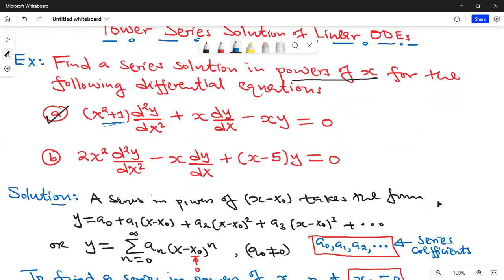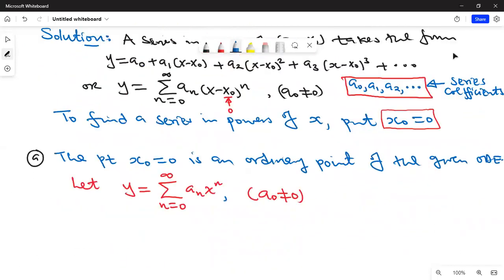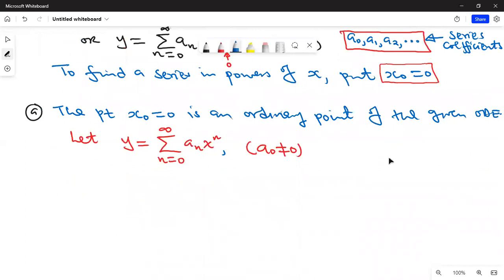So I need to know the first derivative and the second derivative, because a solution of an ODE is simply a function that satisfies the differential equation. If I get the derivatives of that function and substitute into the given ODE, we will be able to satisfy the ODE. So let's get dy dx.